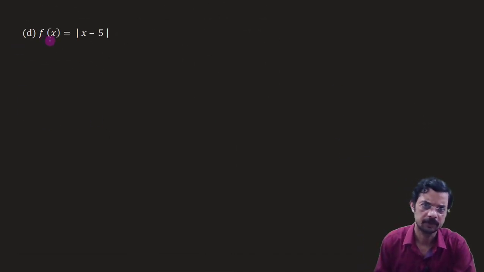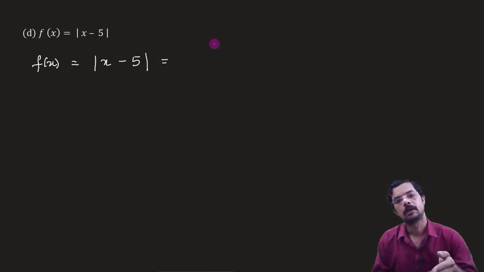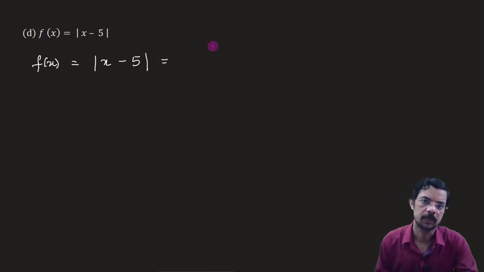Here what we have is the modulus function. So f of x is given as modulus of x minus 5. We know the modulus function is split into two parts. First, what happens when x is greater than 5, and what happens when x is less than 5? When x is greater than 5, this part comes out to be positive itself, otherwise it is negative.